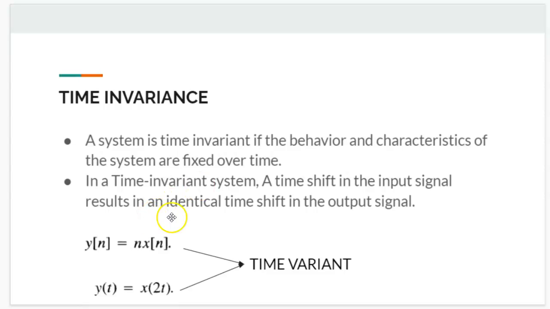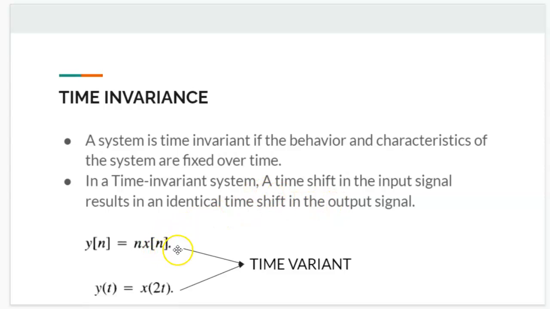Since it's time invariant, it should not depend on time, so it doesn't matter when you give this input signal. Time shifting simply means that you're giving the input signal at a past time or at a future time. Since the system is time invariant, that shouldn't matter. It should give the same output at any time you give the input, provided the input is the same. That is why it results in an identical time shift.